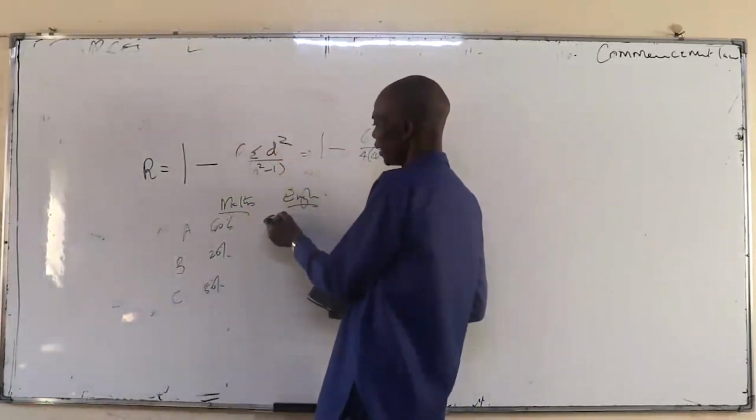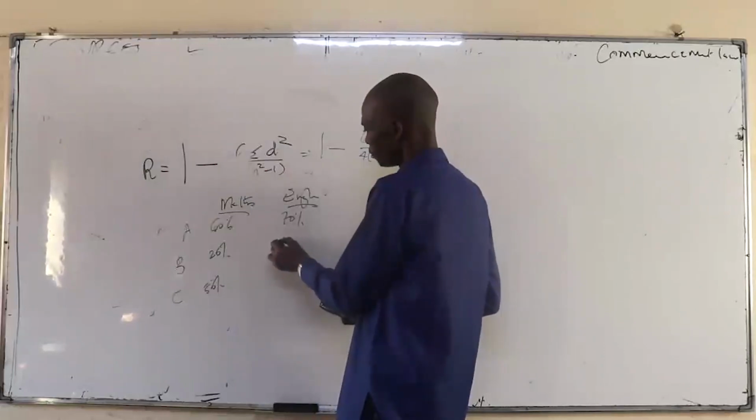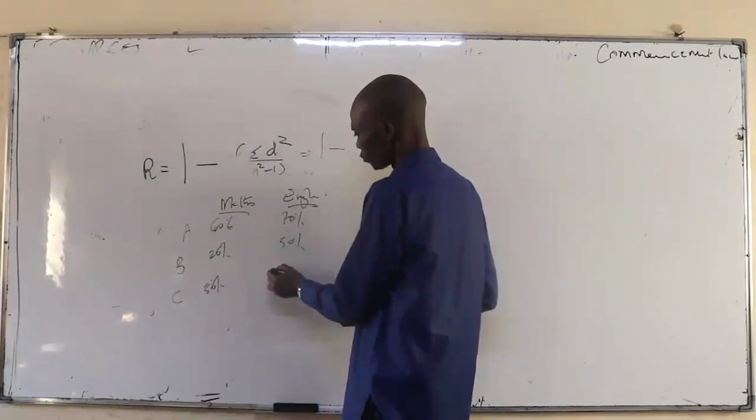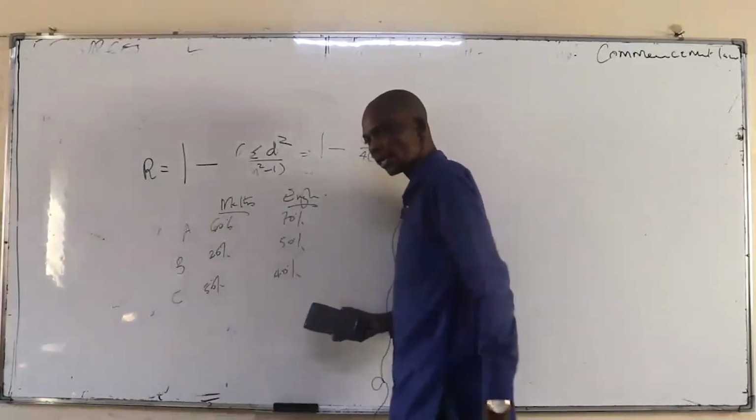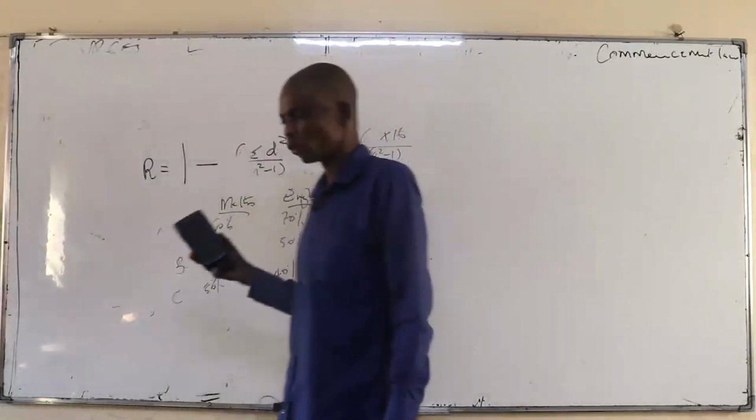In English, let's say A scored 70%, B scored 50%, and C scored 40%. Then you are asked to determine the rank correlation coefficient.